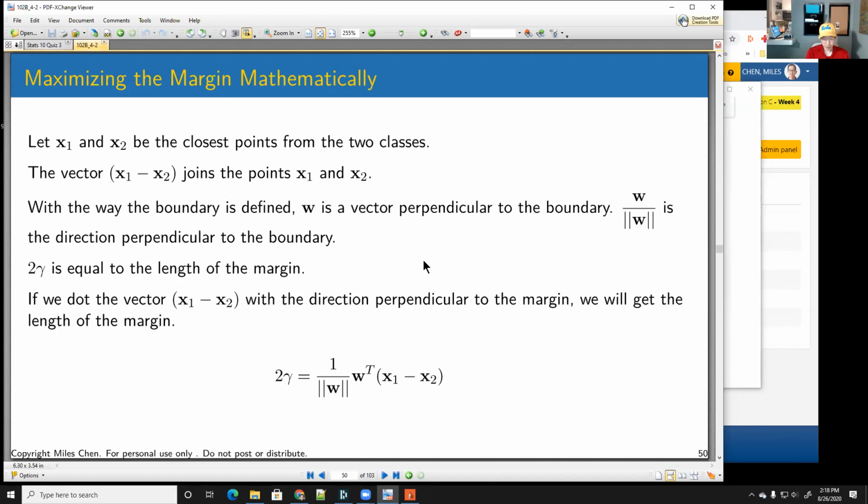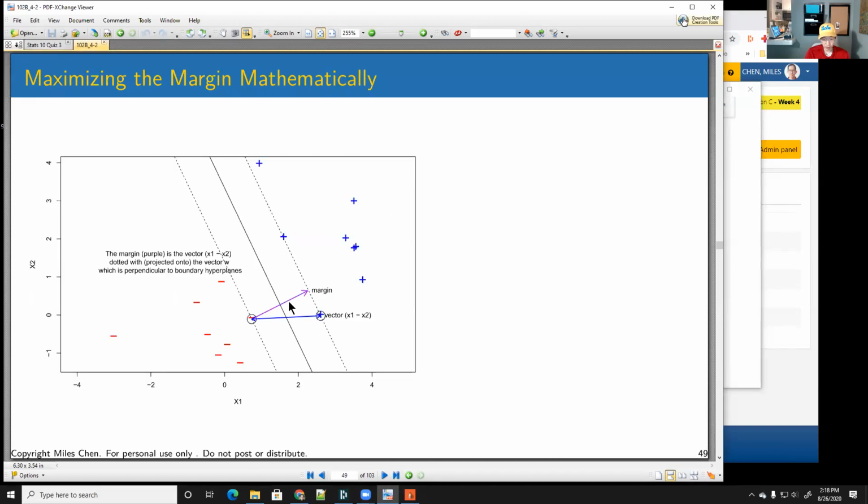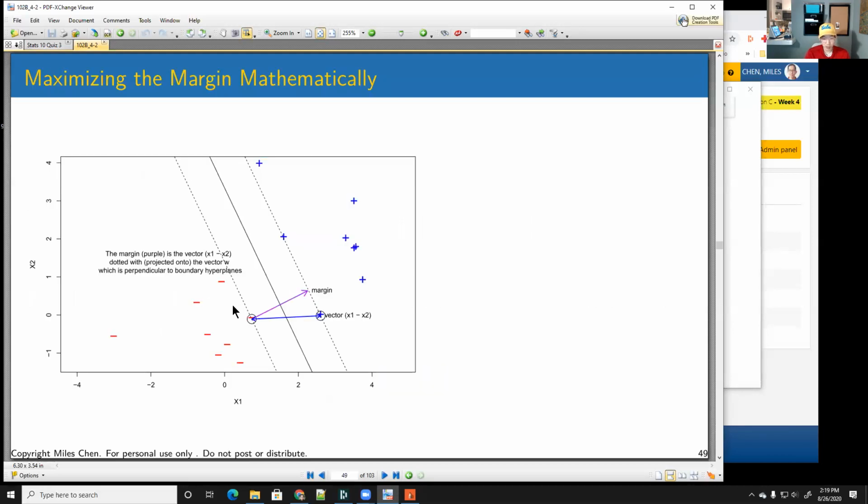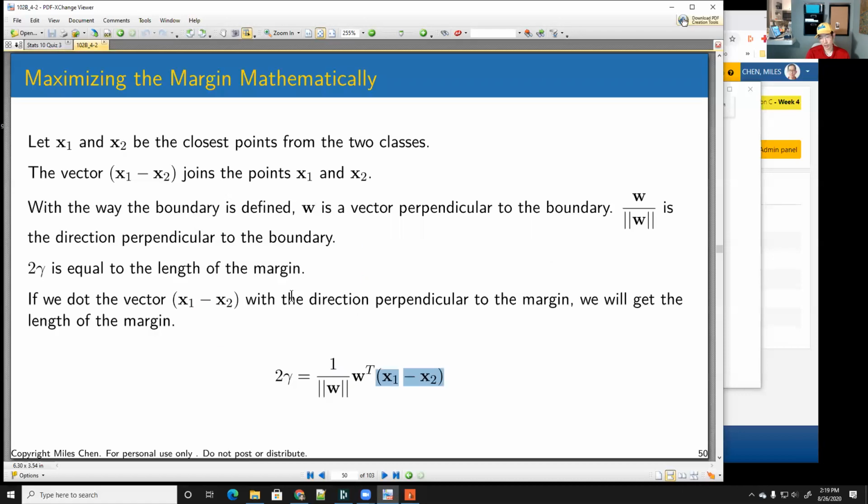And so if we dot that direction, that unit vector w over the norm of w, which is just multiplying by the transpose of that, by that distance vector, x1 minus x2, then we will get the length of the margin.